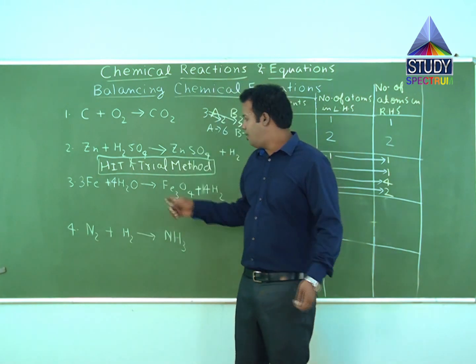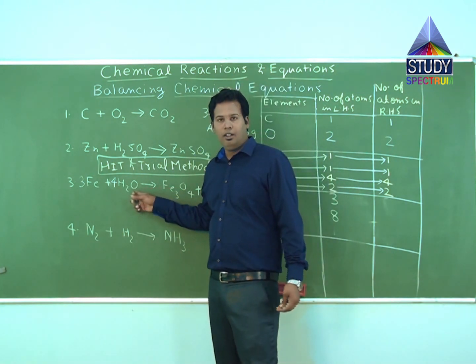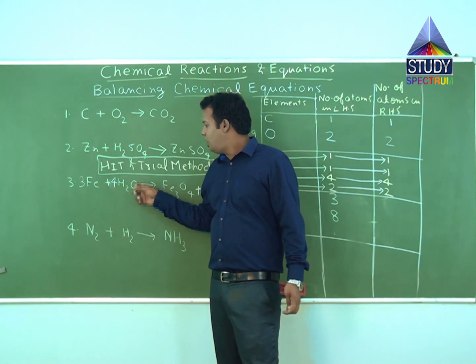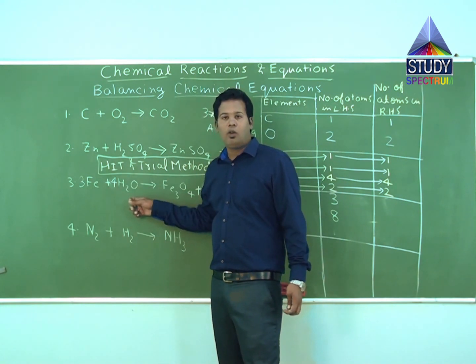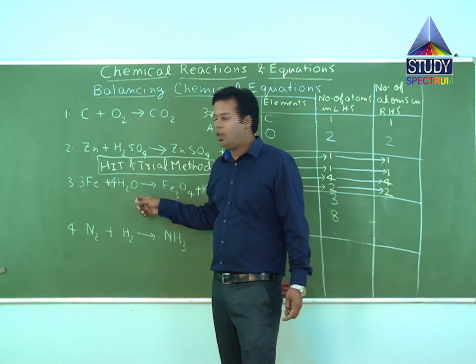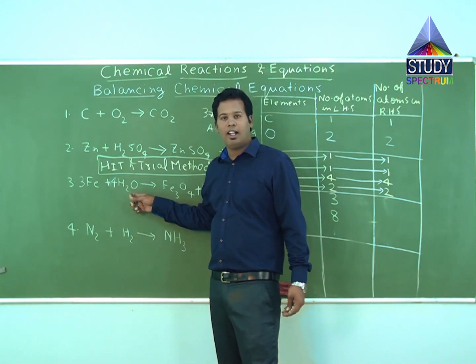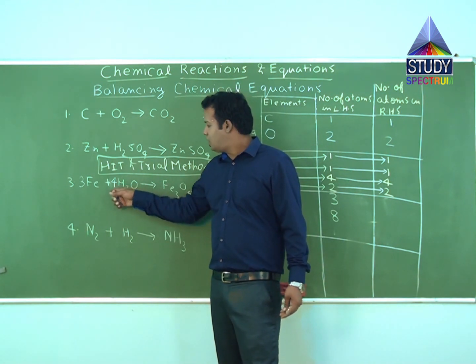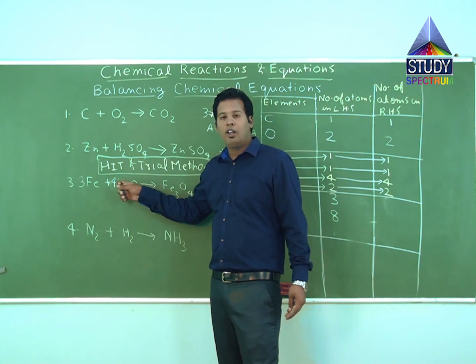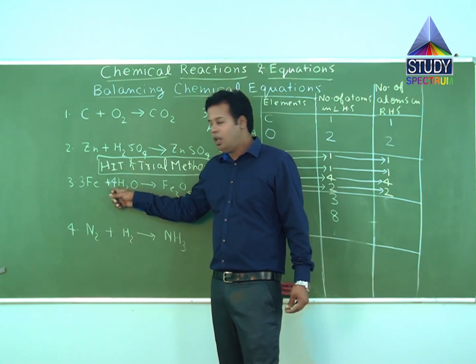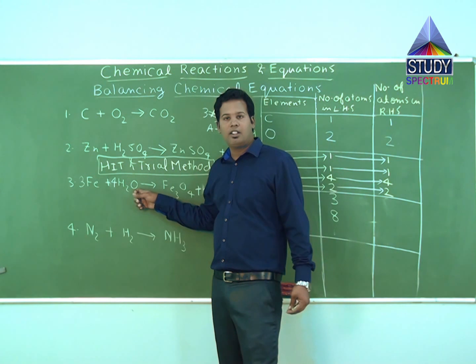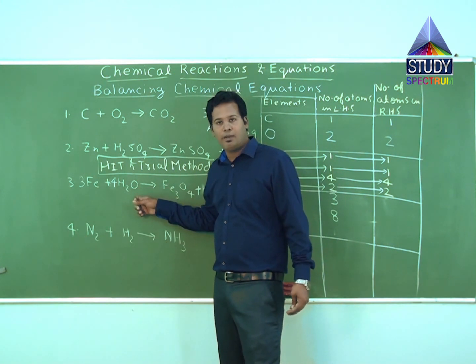Correct? Now, if we talk about oxygen, oxygen is present only in the second reactant. So to calculate the number of oxygen atoms, we will talk only about the second reactant. The coefficient of this compound is 4. The suffix of oxygen in this compound is 1, since nothing has been written here.